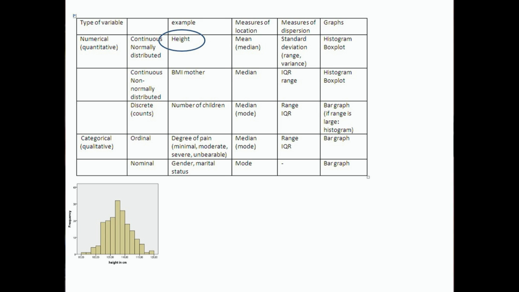In a histogram, the observations of a continuous variable are grouped into classes, and the frequency of the observations of the classes are shown. If the shape of the distribution is close to the form of the bell-shaped normal distribution, also known as Gaussian distribution, we can use the mean to describe the location of the distribution.